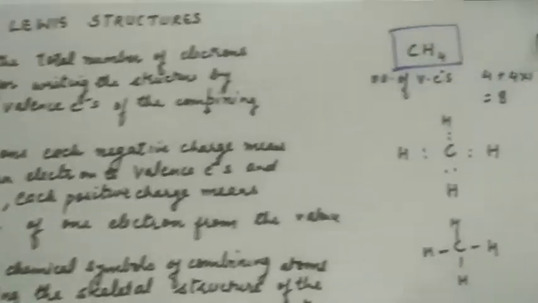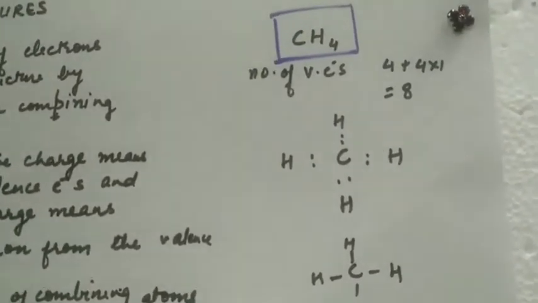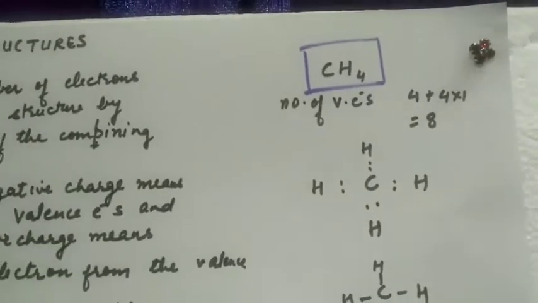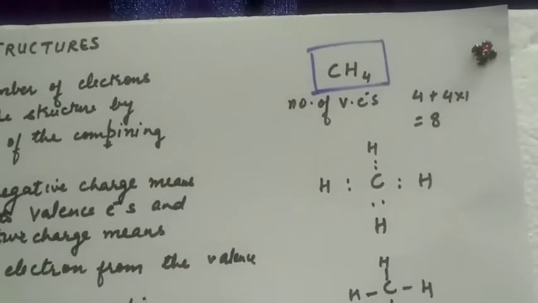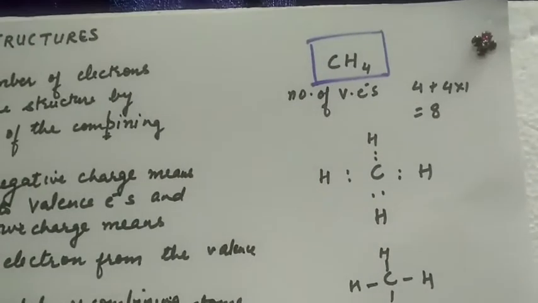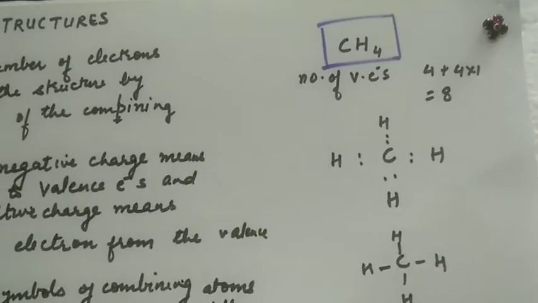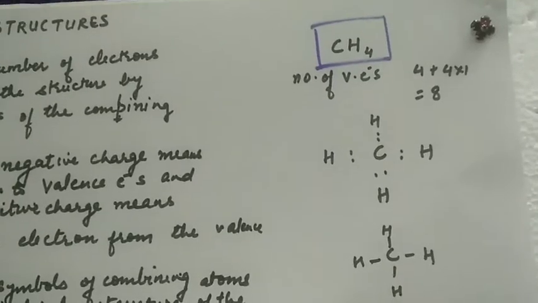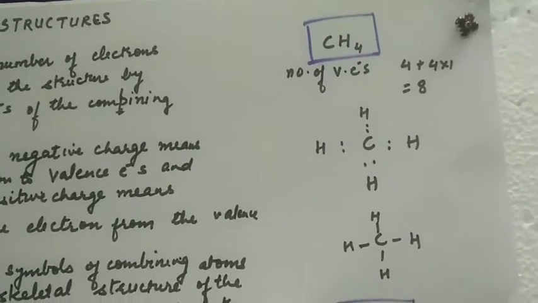For example, if the molecule is methane, in the outermost shell of carbon, the valence electrons are 4. Configuration of carbon is 1s2, 2s2, 2p2. So in the second shell there are 4 electrons.